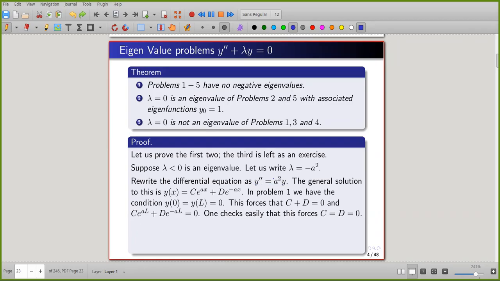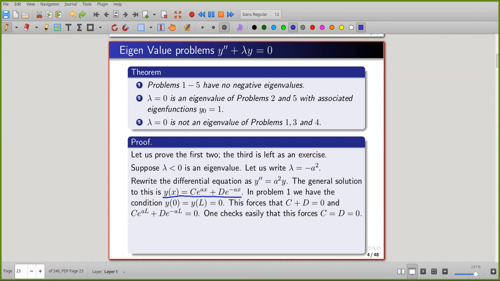The general solution to this is something you would have learned in your MA 108 course. We find two linearly independent solutions, e to the ax and e to the minus ax, and any other solution is a linear combination of these two. Plus we have the two conditions that y of 0 is 0 and y of L is 0.